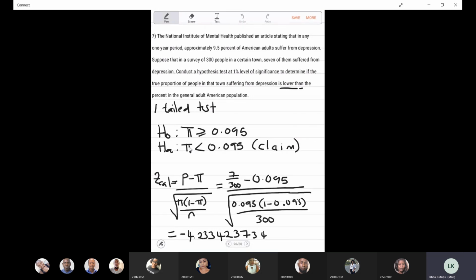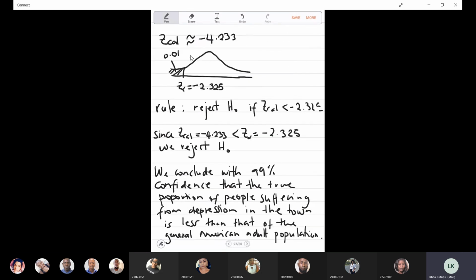It is always a strict inequality, so it's either strictly less than or strictly greater than, or if it's a two-tailed, then the not equal to goes to the alternative. This Z statistic, or the T statistic, I'm sure you know how to calculate it. Then your rejection region, make sure your rule is correct, then make a decision, and then a conclusion. Your conclusion should be not very statistical, just plain: I believe we conclude, this is how confident we are, and this is what we are concluding.